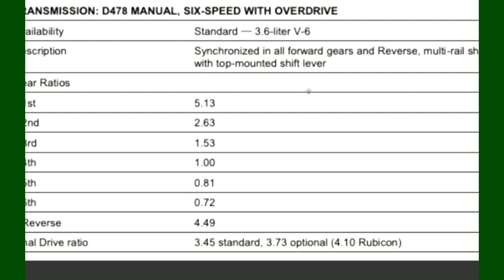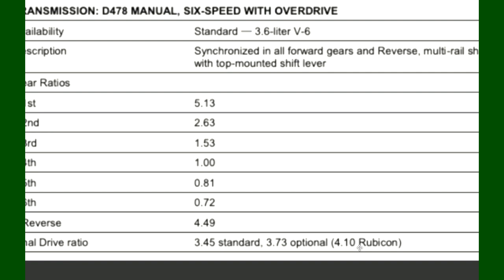We're talking about the Jeep here. Synchronized in all 4 gears. In reverse, we have the multi-rail shift system with a top-mounted shift lever. We have the gear ratio in first gear 5.13, second gear 2.63, and as you see, the first gear has the highest number, and the reverse the second highest. But then the final drive ratio is 3.45 standard, 3.73 optional, and 4.10 on the Rubicon.